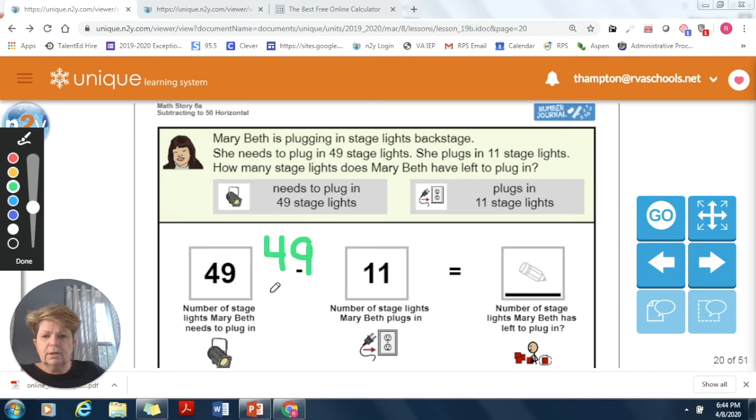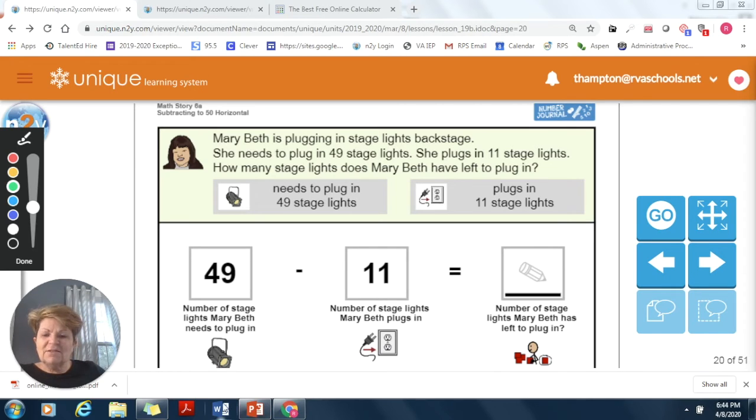$49 minus what? 11. Oh, it went away. Let's see if we can get it to stay. Equals. So 9, it disappeared on me.